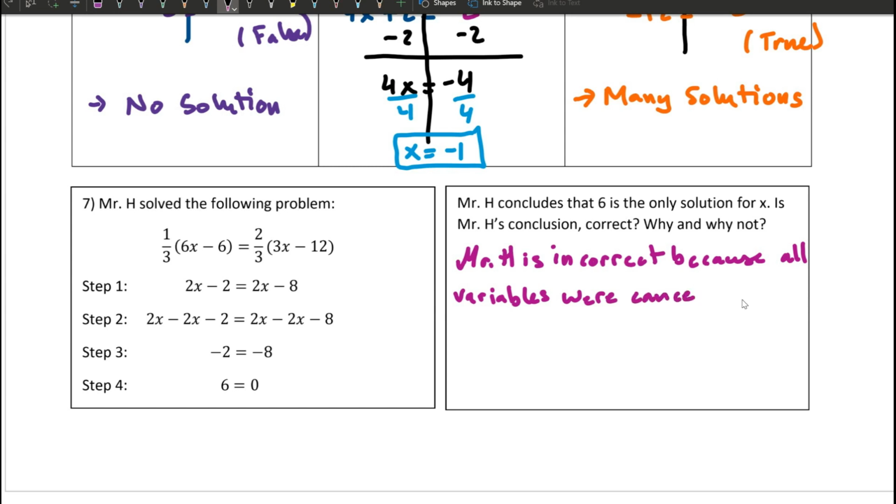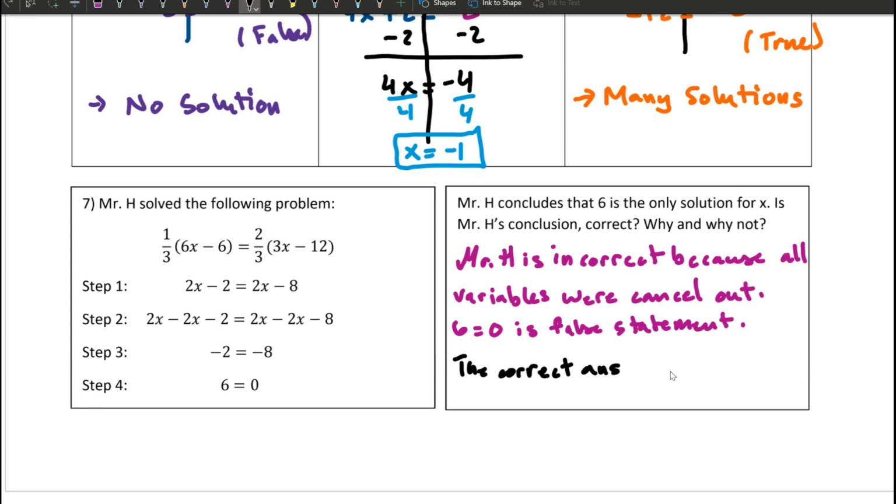So there's no variable left in the equation. 0 equal to 6. 0 equal to 6 is a false statement. The answer is no solution. The correct answer is no solution because the statement is false. Whatever you choose for x is always a false statement.